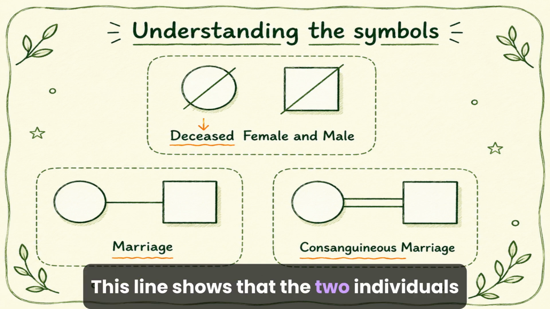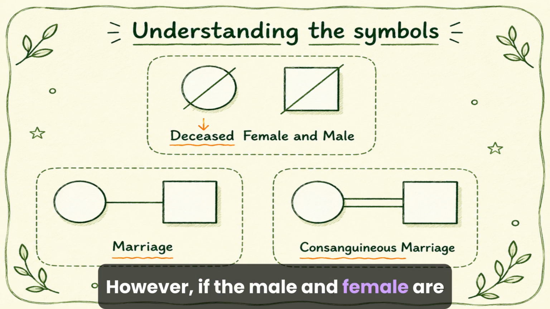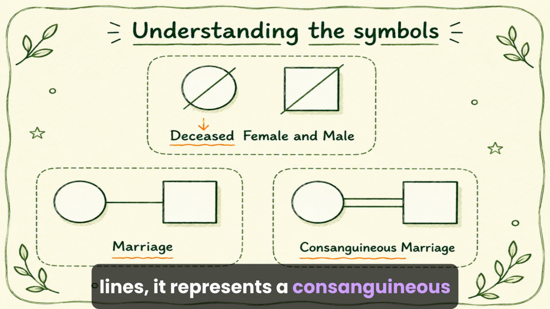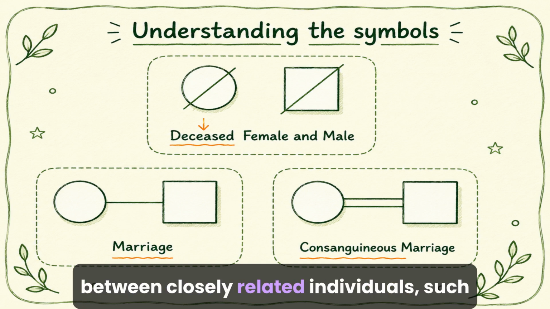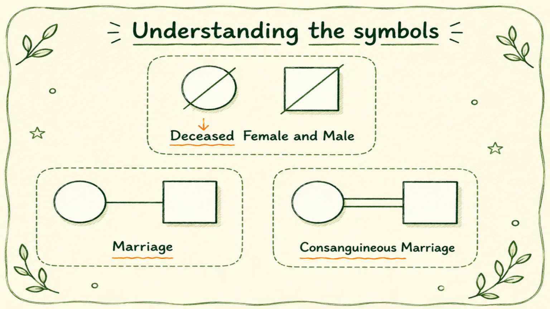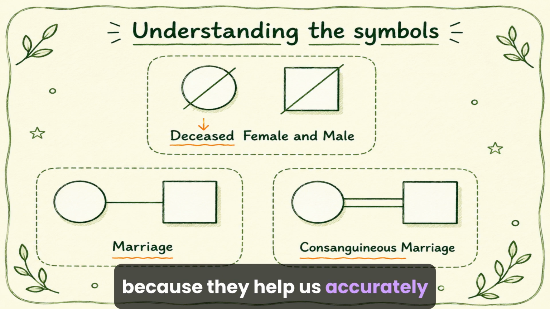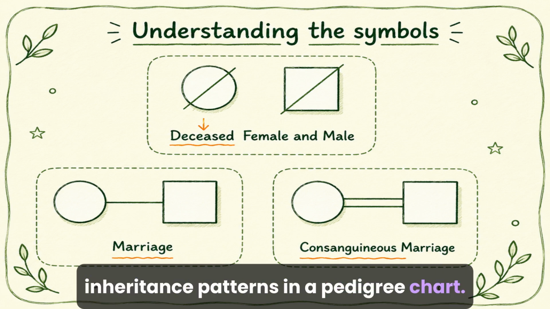This line shows that the two individuals are a couple. However, if the male and female are connected by two parallel horizontal lines, it represents a consanguineous marriage, which means the marriage is between closely related individuals, such as cousins. These symbols are very important because they help us accurately interpret family relationships and inheritance patterns in a pedigree chart.